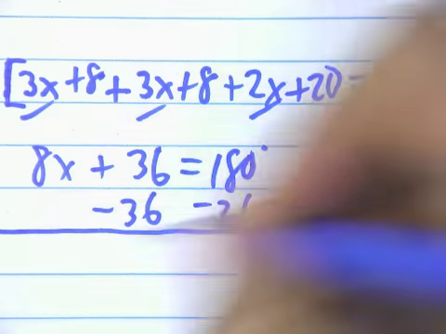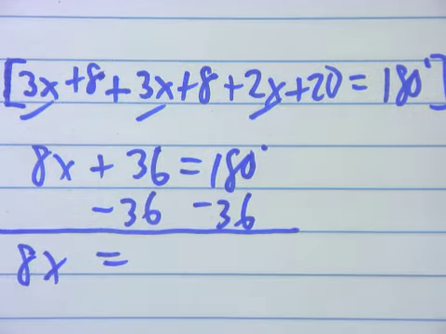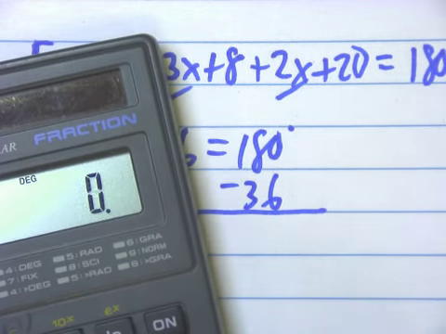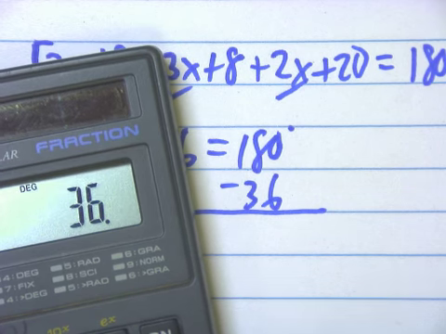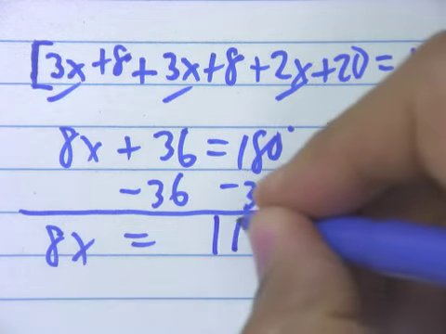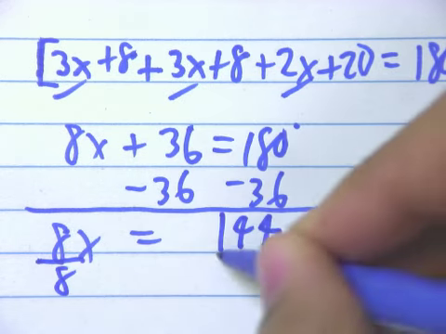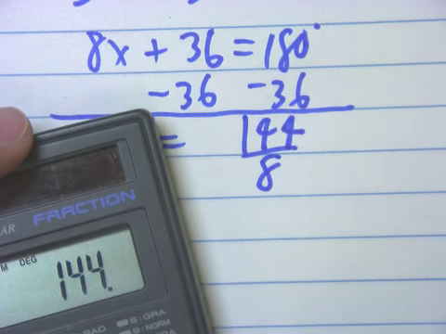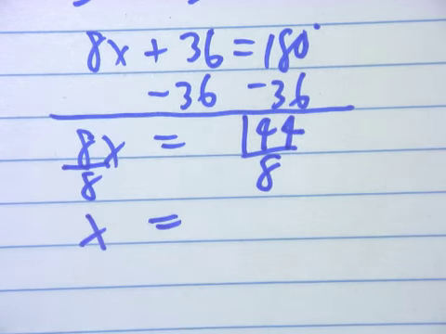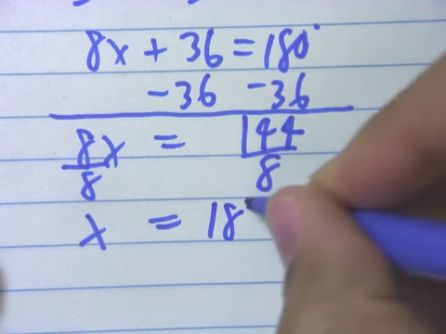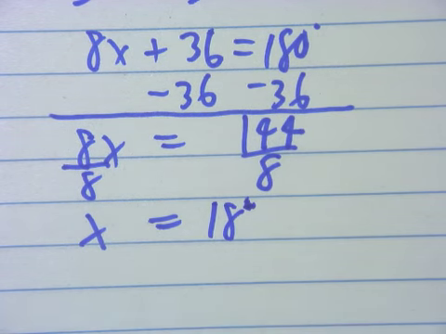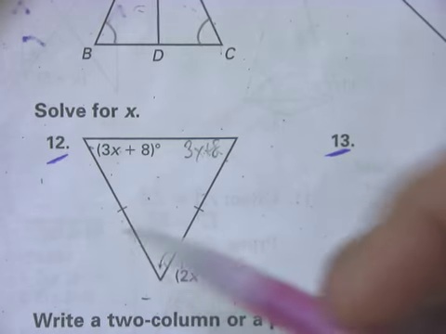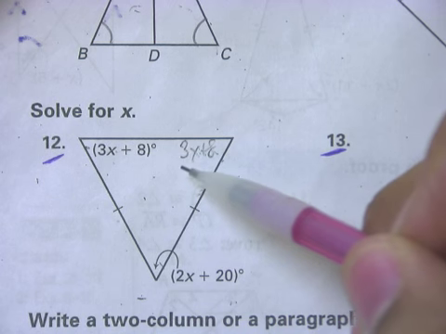Plus 8 and 8 is 16, plus 20 is 36. That's equal to 180. So x is equal to 18.